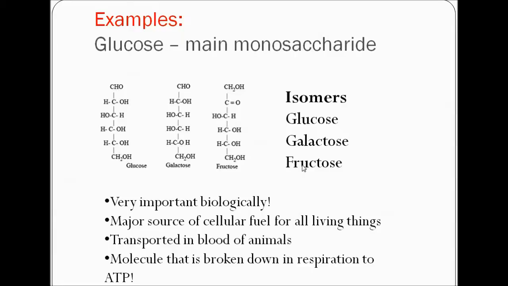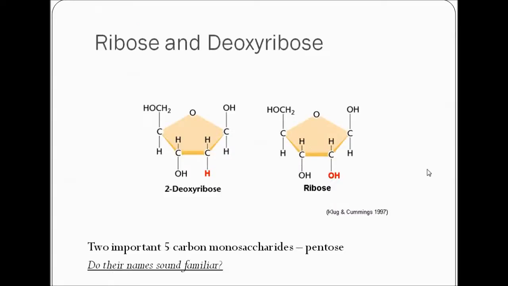They're just arranged slightly differently. But when we talk about it, we really are often just talking about glucose and sort of referring to the other ones. Very important biologically. It's the major source of cellular fuel. It's the last thing that's broken down to release ATP, which is energy, and that's why we eat food. Not because it tastes good, but because it releases energy. And like I said, it's what's transported in the blood of animals.